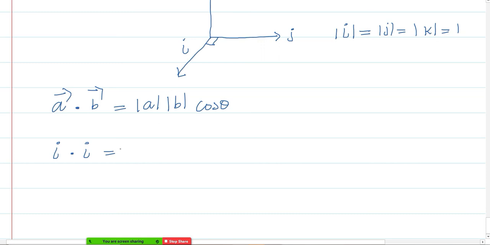So what will it become? Modulus of I times modulus of I, times cos of the angle between that vector and the same vector, which is 0. Angle between I and I is 0. So this comes to modulus of I is 1, times cos 0 is 1. So remember, I vector dot I vector is always 1.